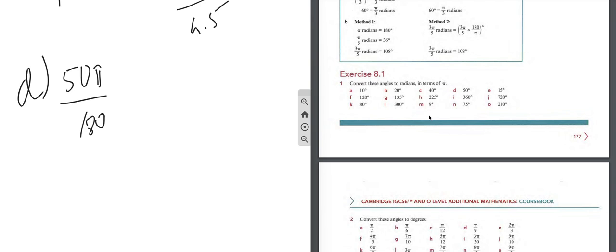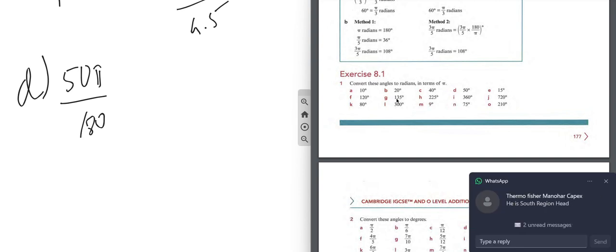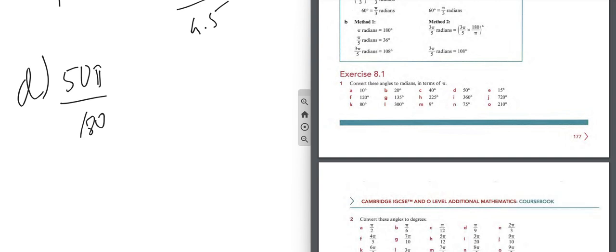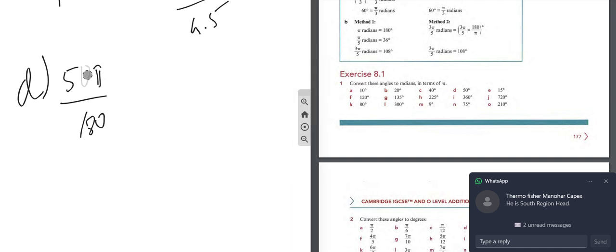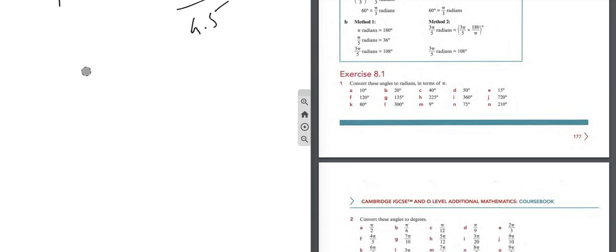Let's do the last parts, which might seem hard. We have 9 degrees, 75 degrees, so they are good questions. I think we should do 135 and 9, G and M. I won't do the D part. If you understood A, B, C, then you will be able to do D, E, F easily. You must be able to do them. There can't be any confusion.